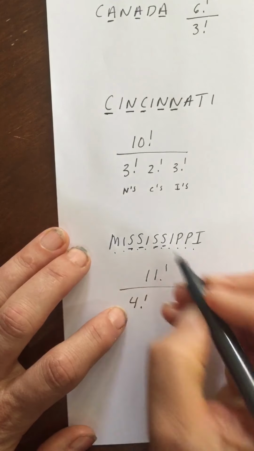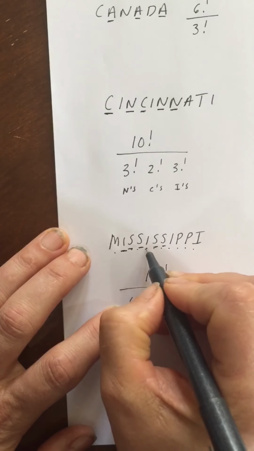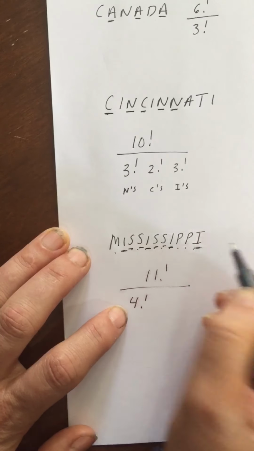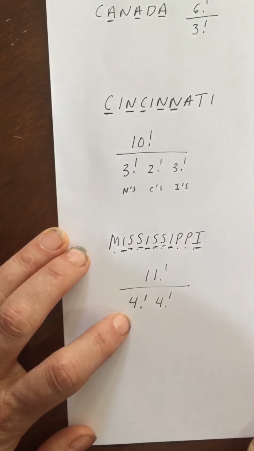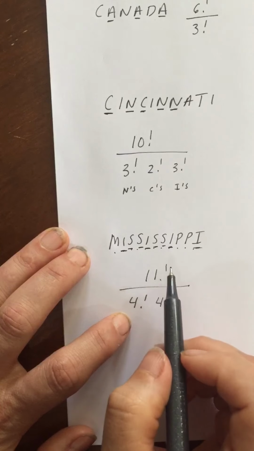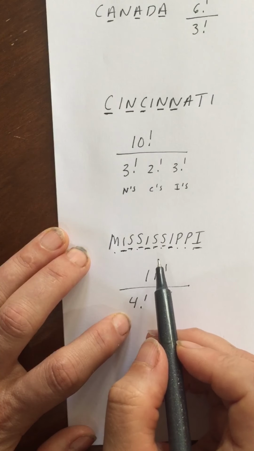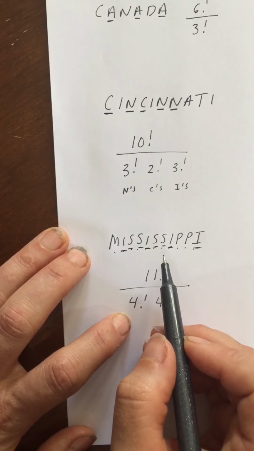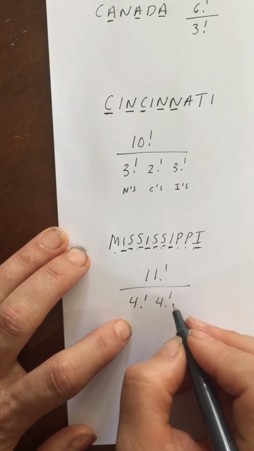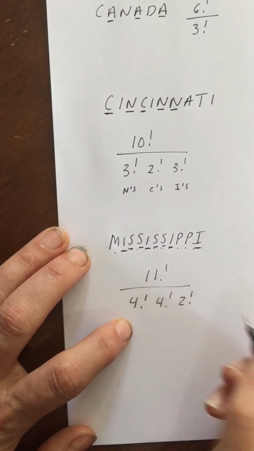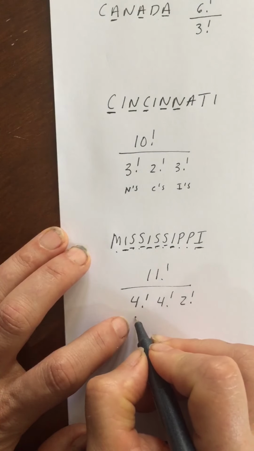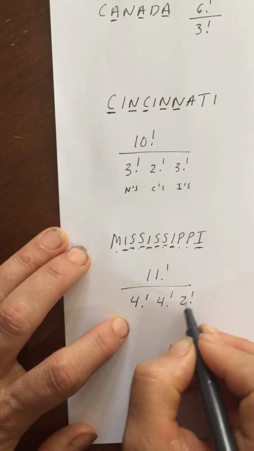So 4 factorial. And then I's. 1, 2, 3, 4 I's. Got to divide those out. So I've accounted for all of those, and the only thing now that's left is the P's, so there's going to be 2 factorial ways that I can consider rearranging those P's.